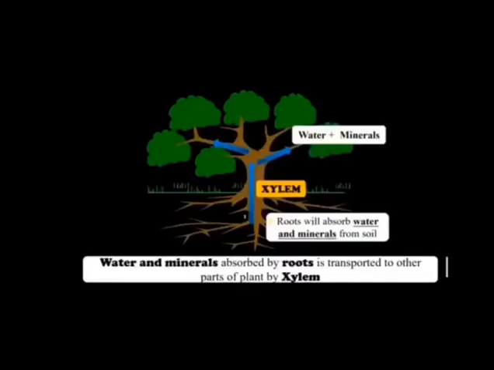So we all know that the roots absorb water and minerals from the soil, and this water and minerals are transported to the other parts of the plant by the xylem. Xylem are the small, special tubes which transport the water and minerals to the other parts of the plant.